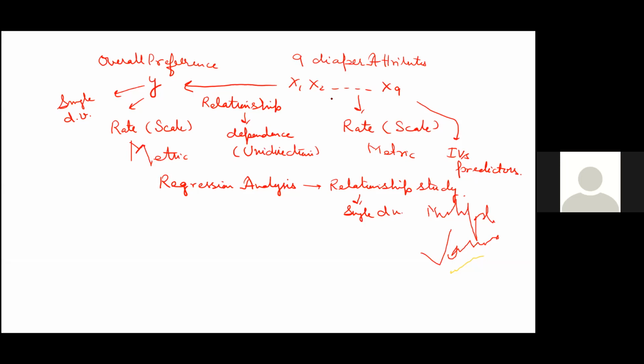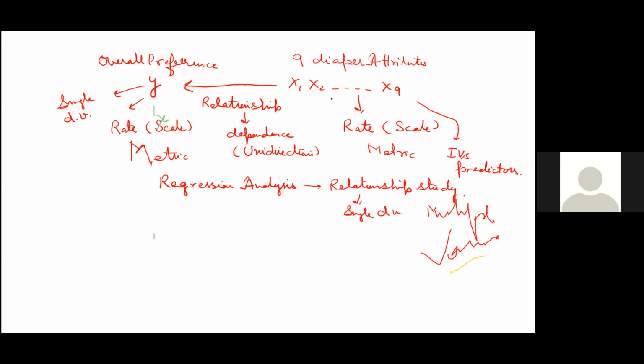Suppose a particular producer wants to examine why a movie has been a hit. So the hitting of a movie or having a broad business is the dependent variable. An independent variable may be presence of actors, actresses, good music, good direction, good cinematography. So these are the independent variables.